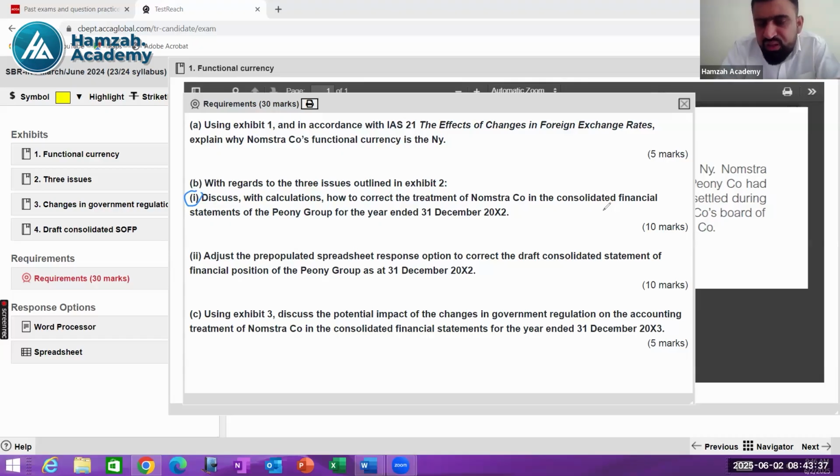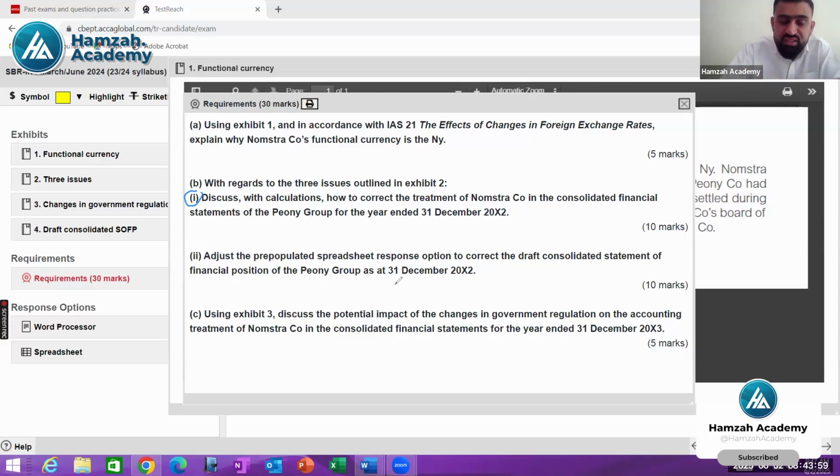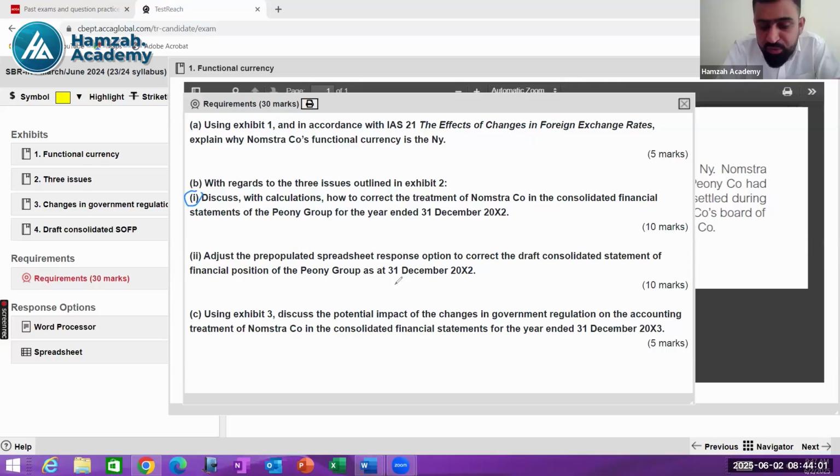We have three issues. There are some mistakes. So we have to calculate and discuss how those mistakes should be rectified in the financial statement of 31st December X2. And then we have to adjust these things in a pre-populated balance sheet of the foreign subsidiary. That is the second part of requirement B.